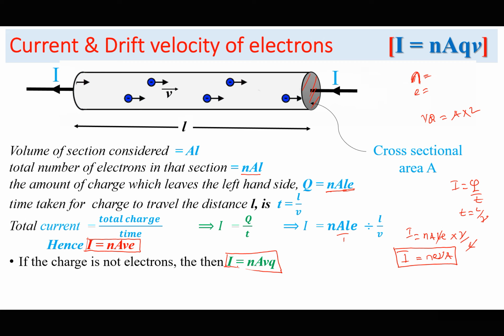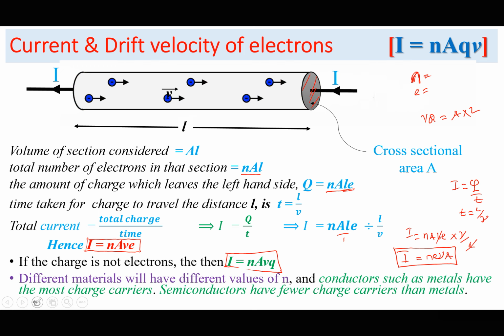So note very carefully that different materials or different wires may have different values of N. For example, a semiconductor will not have the same value of N as a pure conductor, because N is the number of free electrons per unit volume, or the charge density. We don't expect a semiconductor to have the same number of electrons per unit volume as a metal.